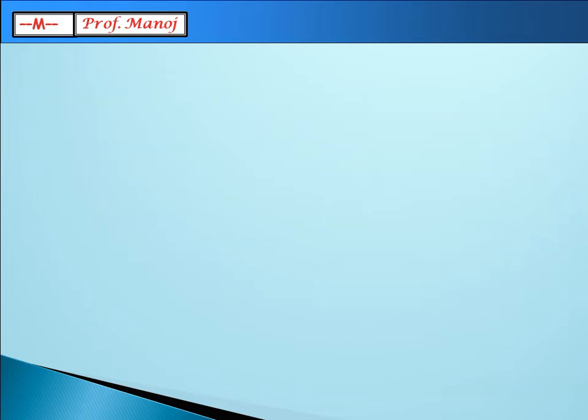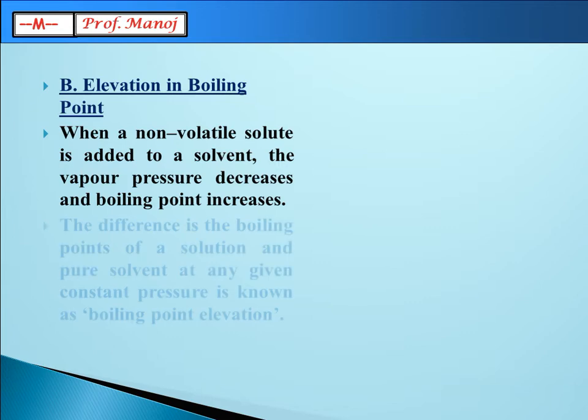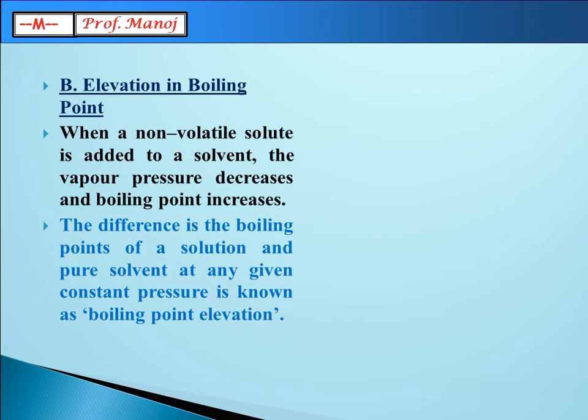Considering boiling point, now let us go for elevation in boiling point. We had seen this in the very beginning of the slides. When a non-volatile solute is added to a solvent, vapor pressure will decrease. And if vapor pressure is decreasing, boiling point increases. This difference in the boiling point of a solution and pure solvent at a constant pressure is called boiling point elevation.